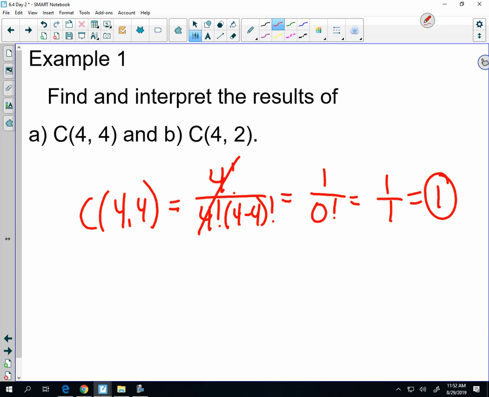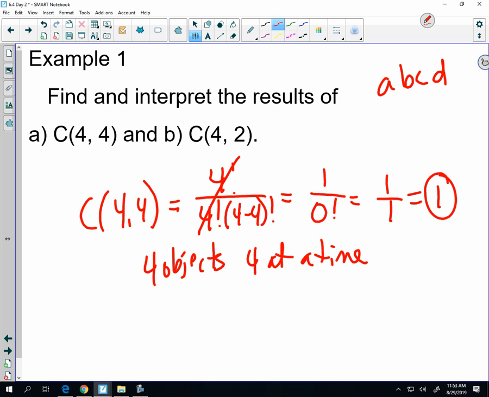How many ways can you take 4 objects 4 at a time? When order doesn't matter, as opposed to a permutation, ABCD becomes the same as BADC. So that's why there's only one way to take 4 things and choose all 4 of them if order doesn't matter.